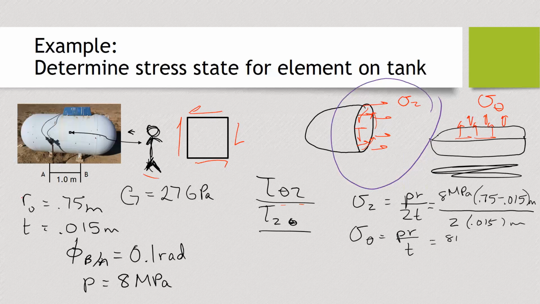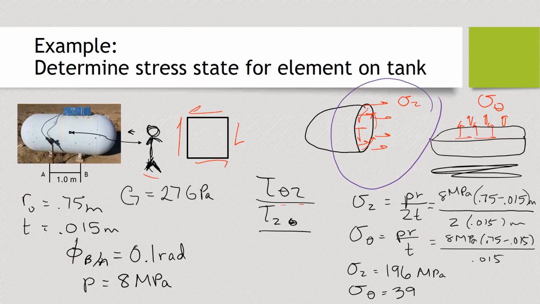Same thing here, 8 megapascals, 0.75 minus 0.015, divided by 0.015. Okay, that gives us, I believe this one is 196 megapascals. And sigma theta must be double that. So that would be 392.